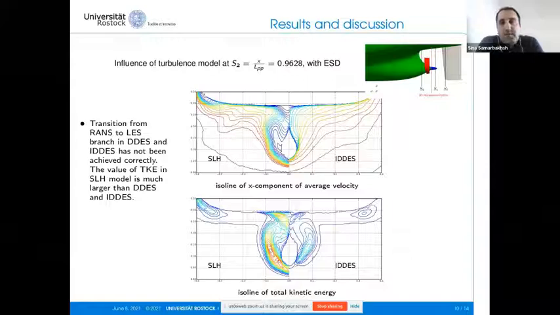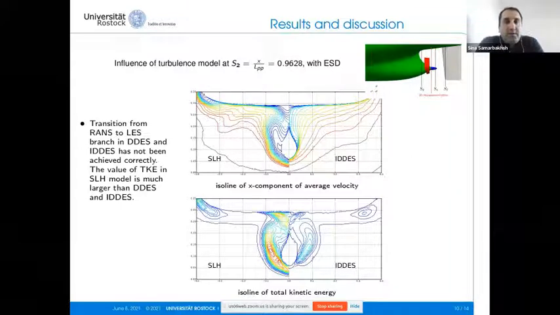When we use SLH, you can see the unsteady and this anchor effect of the velocity field. Also, if you look at the bottom picture for the turbulent kinetic energy field, with SLH we can preserve the velocity fluctuation. That's why we have a higher resolved kinetic energy field compared to IDDS.